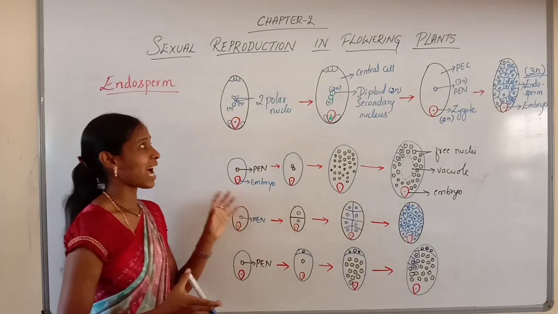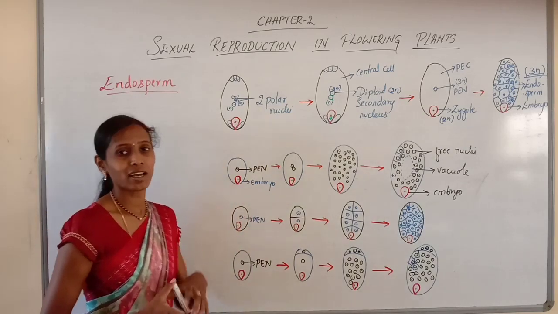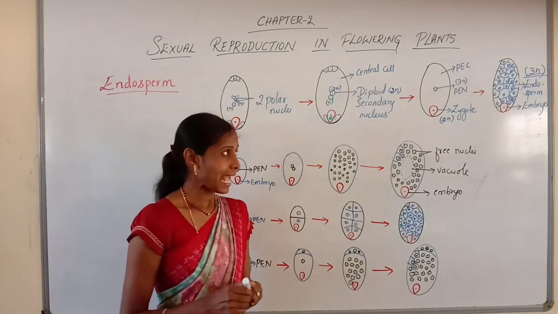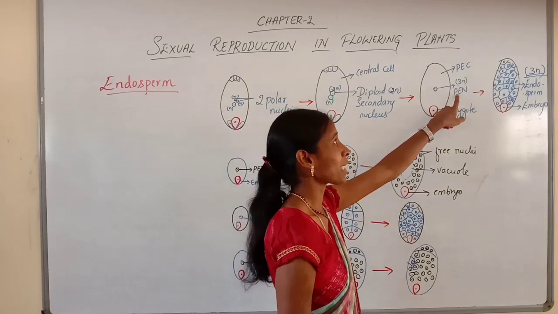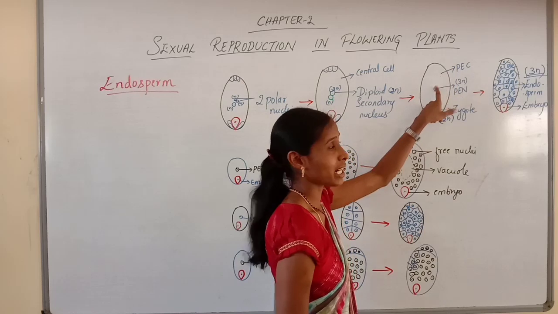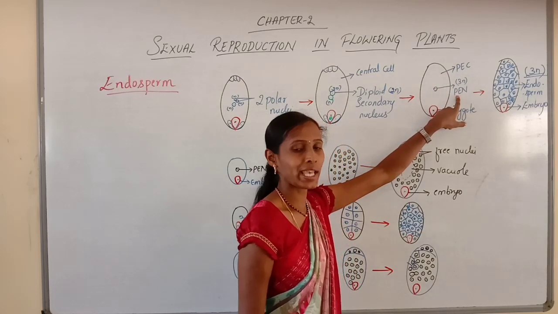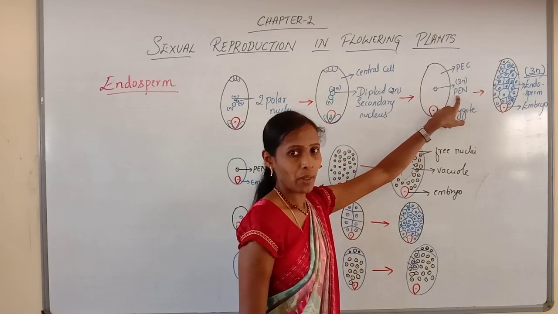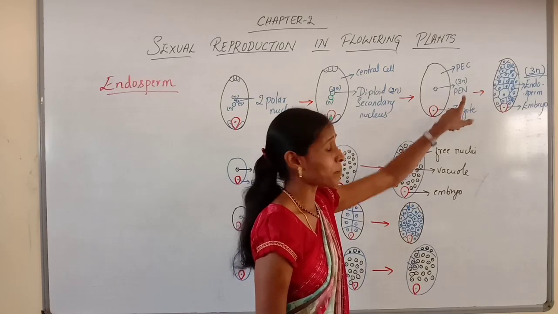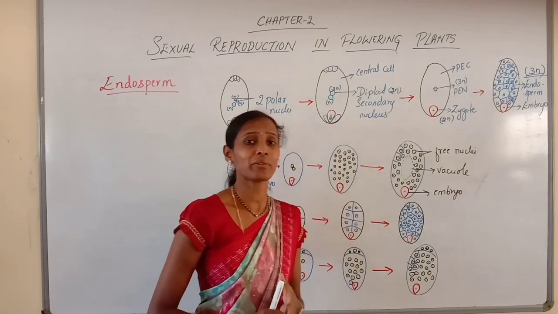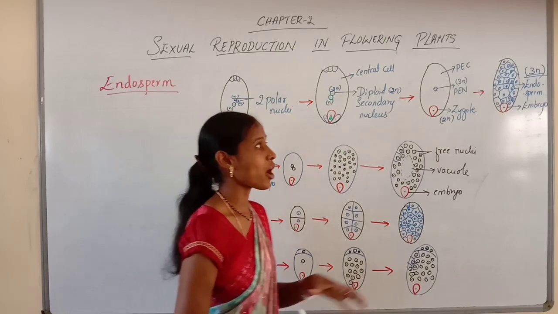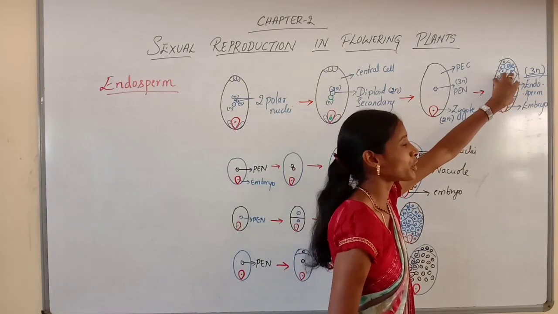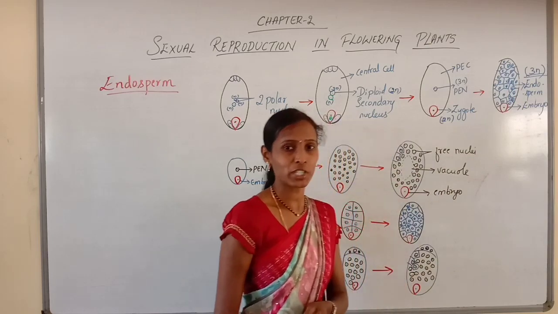So let us see how the endosperm will be formed within the embryo sac. As I already told you, after fertilization, this primary endosperm cell contains a nucleus called the primary endosperm nucleus. This primary endosperm nucleus will divide several times, divides repeatedly, and forms a nutritive tissue called endosperm tissue.